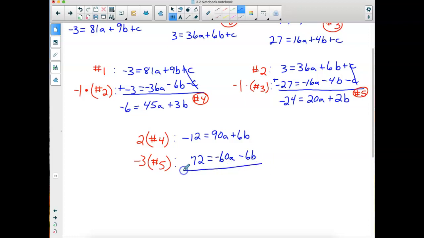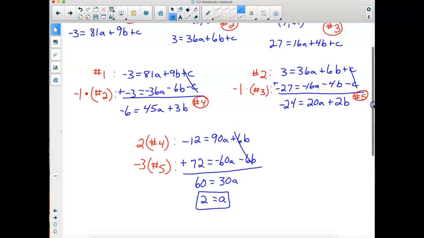And what I have just done, so I add these together, is eliminate my b term, and what I get is 60 equals 30a. So A has to equal 2. Yay! I finally got an A value.